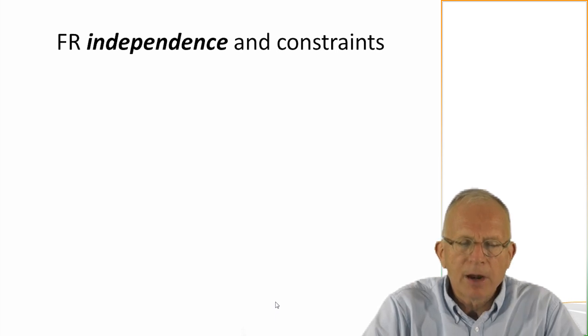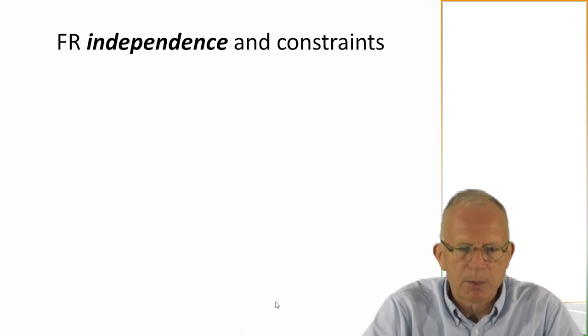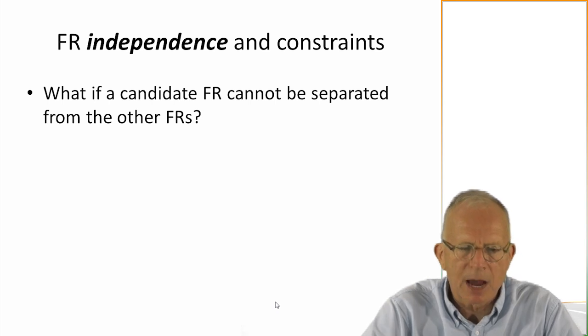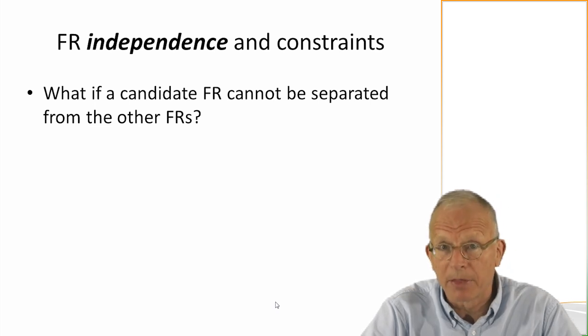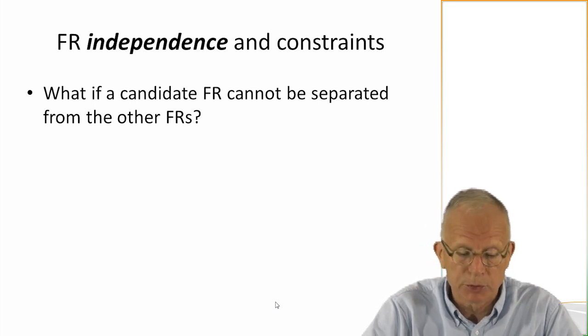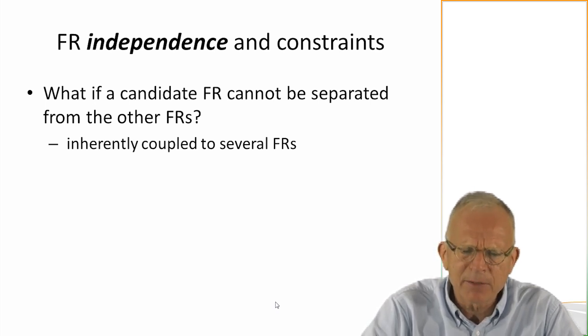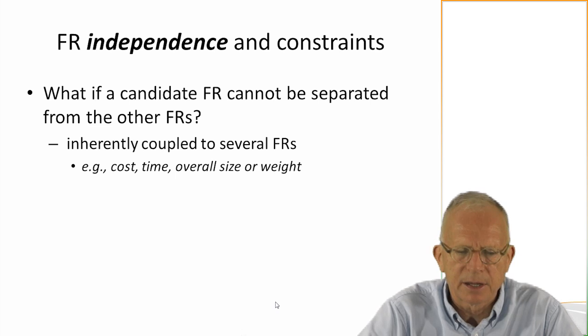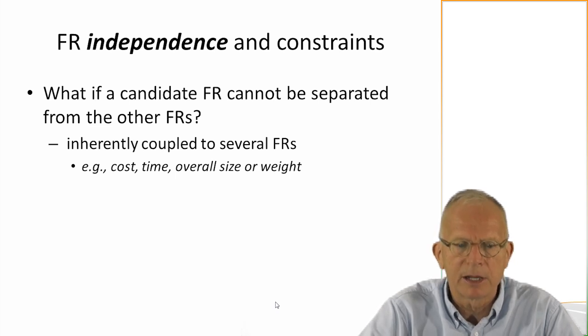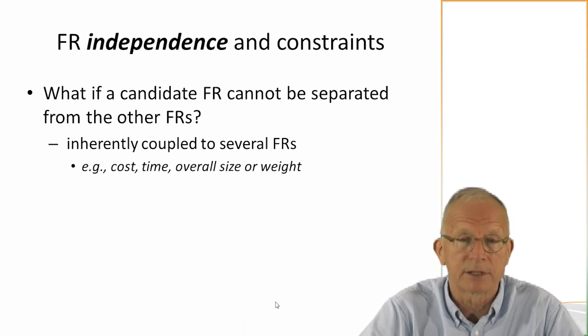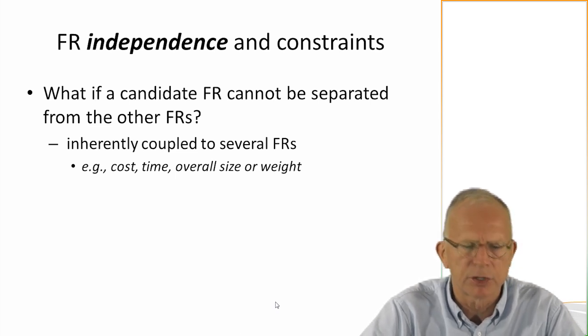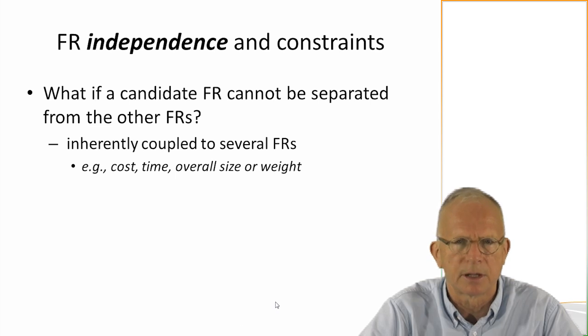Now, FR independence is part of axiom 1, and this is how it works with the constraints. So what if we have a candidate FR that cannot be separated from the other FRs? It cannot be made mutually exclusive. So it's inherently coupled. Now there are several things that are often inherently coupled to all the FRs. Cost, for example. It's hard to think of some function that isn't going to cost something to install.